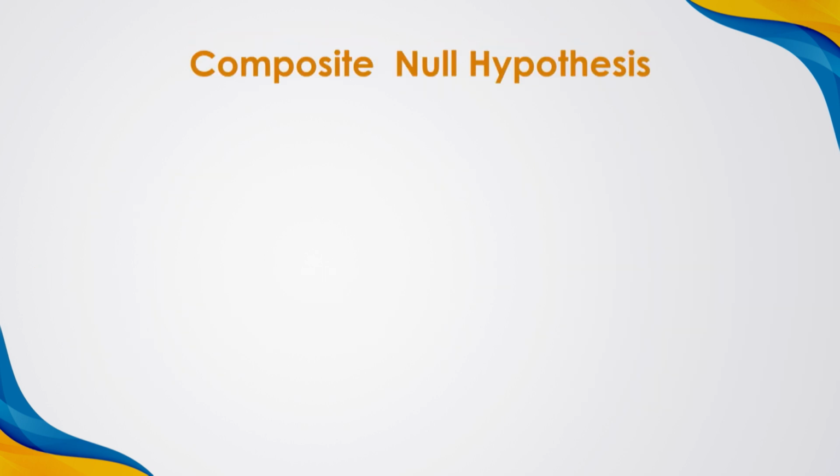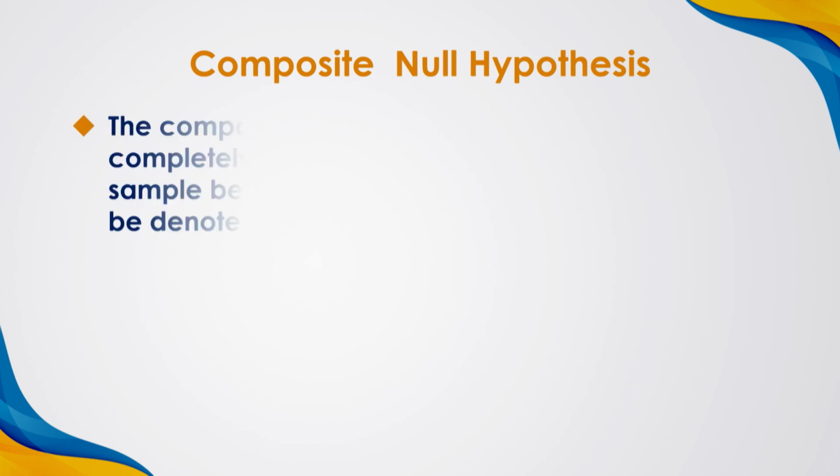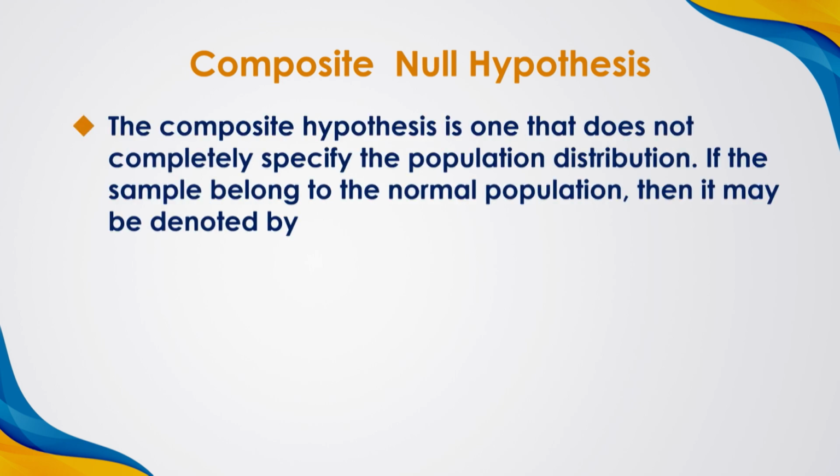Now, coming to the composite null hypothesis, one parameter may be mentioned and one parameter may be skipped. So, a composite hypothesis is one that does not completely specify the population distribution. For example, in a normal population there will be 2 parameters, mu and sigma. If you mention only one, it is an incomplete statement, and we call it composite.